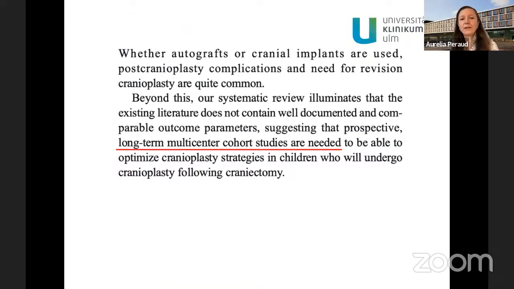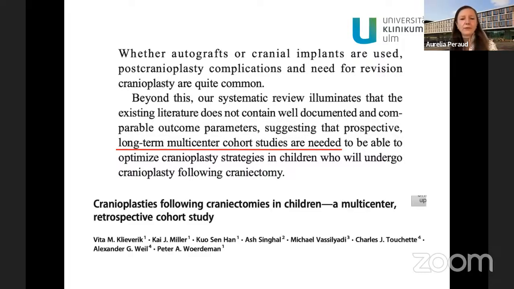But the authors considered that a long-term multi-center cohort would be needed to finally make a conclusion on this topic. And they did a retrospective multi-center study and came to the same conclusion, that revision rates are much higher in patients who received their own bone compared to alloplastic material.